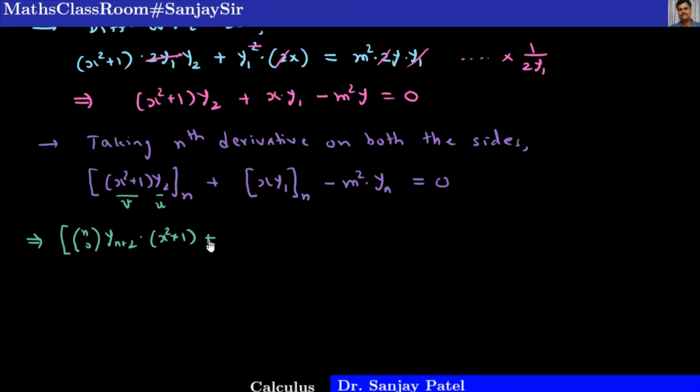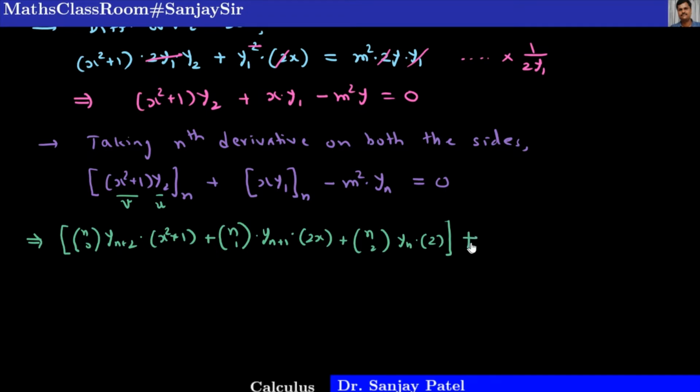Okay, and plus nc1 into 1 less than this, that is yn plus 1, the next we have to decrease by 1 into first derivative of v, that is first derivative of x square plus 1, and that is 2x plus 0, plus nc2 into 1 less than yn plus 1, that is yn, and the next derivative of 2x is only 2. Now if you go for the next step, the derivative of 2 will be 0, and then onwards all other derivatives will be 0, so no need to write other terms after this stage.